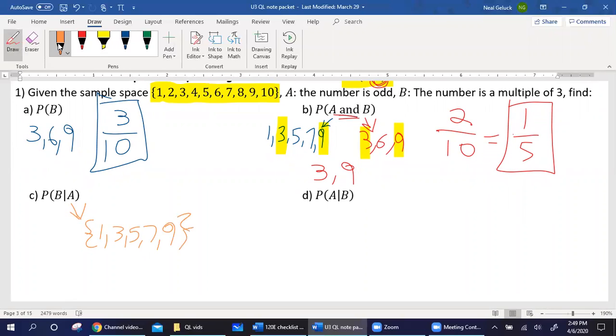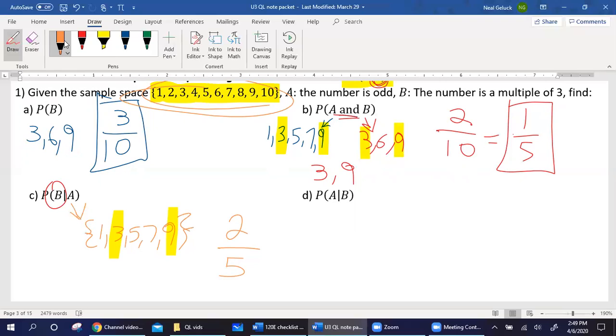So now my total possible outcomes is no longer 10. It's now only 5 numbers. That's going to be the denominator of my fraction. Now, from that group, I ask myself, how many of those are multiples of 3? But again, it's only in this smaller set, 1, 2. So there are 2 out of a total of 5.